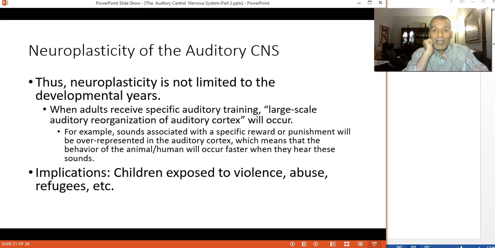You can see the shock that they are in. So someone like this sitting in the class, and then they hear a sound, and you might think, why did they react this way? Why did the child go crazy just hearing that sound? You might think the child is misbehaving.